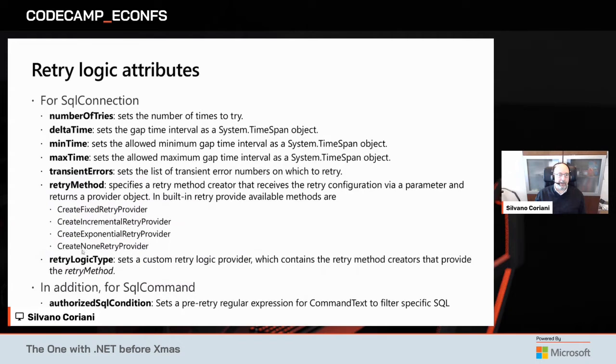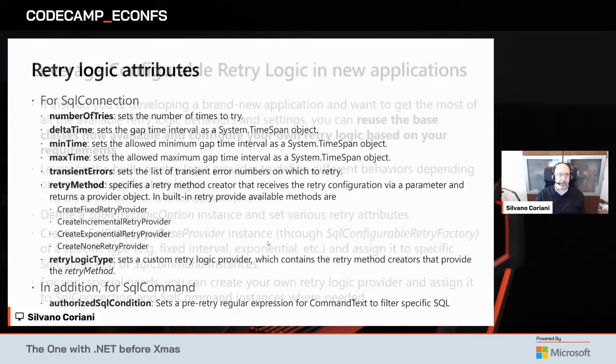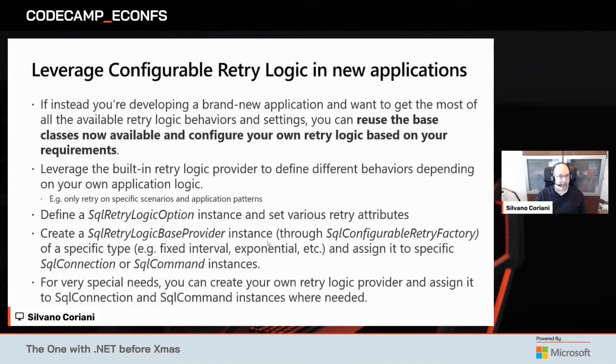Or basically none, so don't retry at all. This is, by the way, the default. If you don't specify anything, we are not retrying for you by definition, by default, but you have to specify one of these if you want the retry logic to kick in.